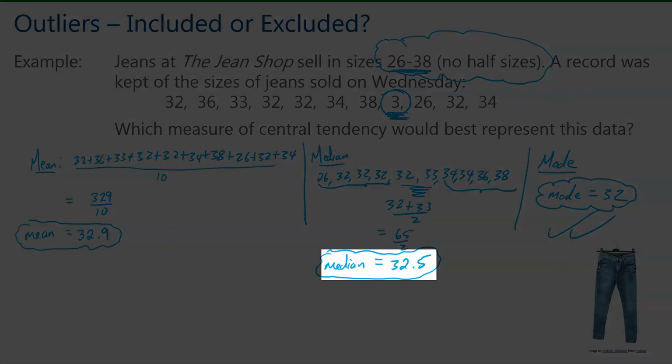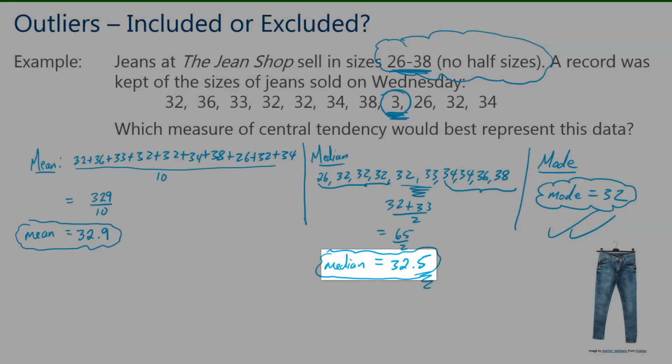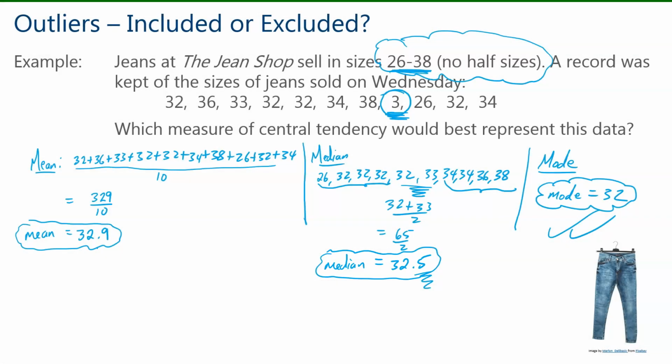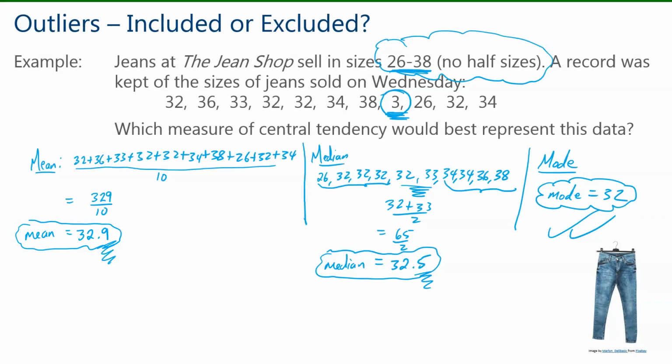That's why I would not choose the median, because that actually has 32 and a half. And anywhere you go, you're not going to be able to buy a pair of jeans that have a size of 32.9. So to conclude, we will choose the mode, which equals 32, to represent the data.